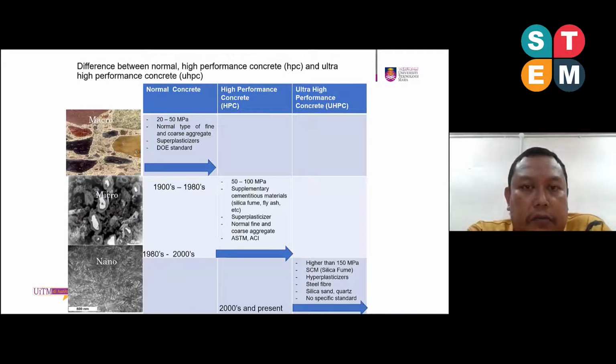We can classify concrete into three. The first one is normal concrete, which ranges between 20 to 50 MPa. It's a basic design targeting strength within 50 MPa that we use under the DOE standards.